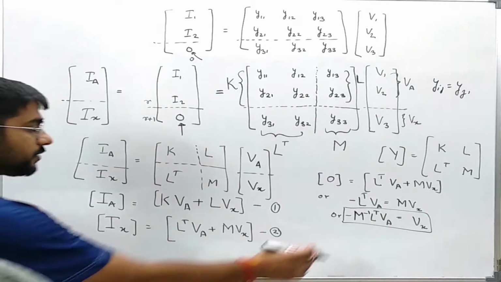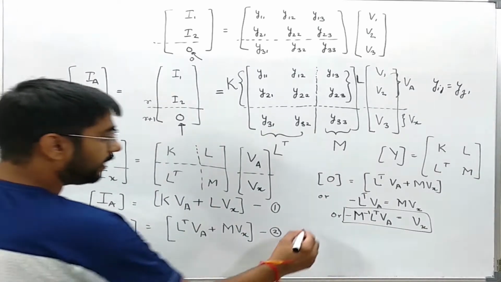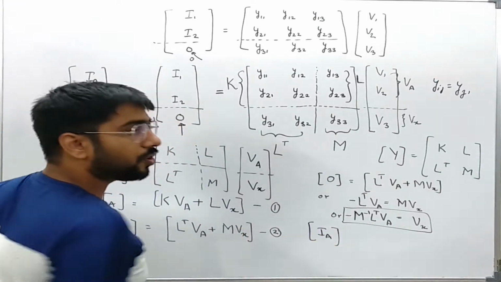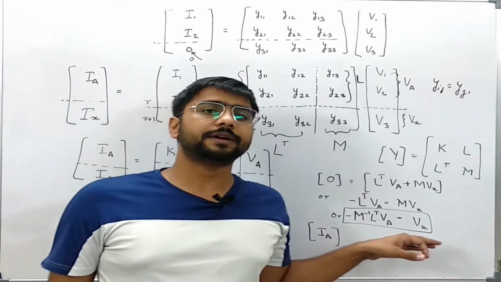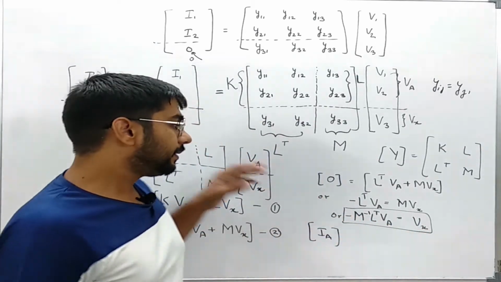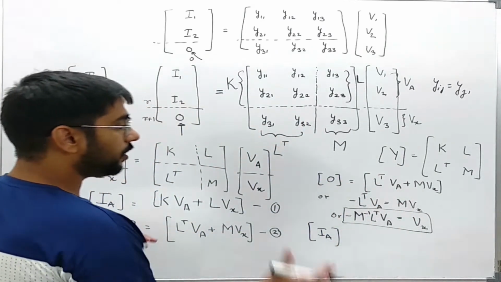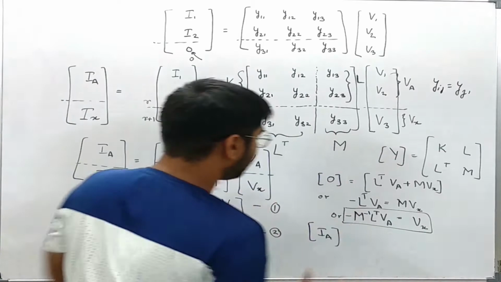Now I will put this value in equation 1. What will I get? IA, you should note that this is a matrix equation, so all the time we should be careful about the order of multiplication, or the order in which we are writing various matrices.